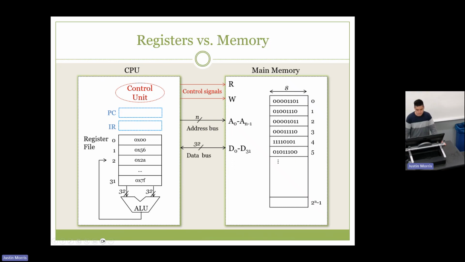An ALU is something that implements many different functions, and based on the operation code that you give it, it'll do something like add, subtract, things like that. Then we have the address in memory that we want to access, as well as the data to and from memory.